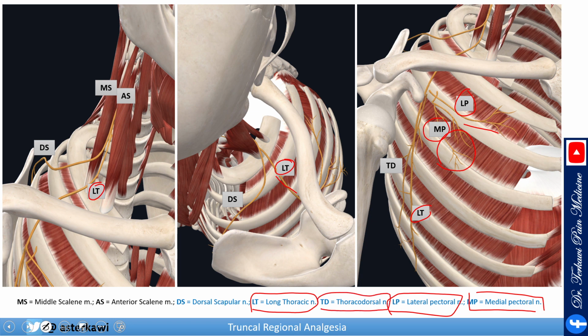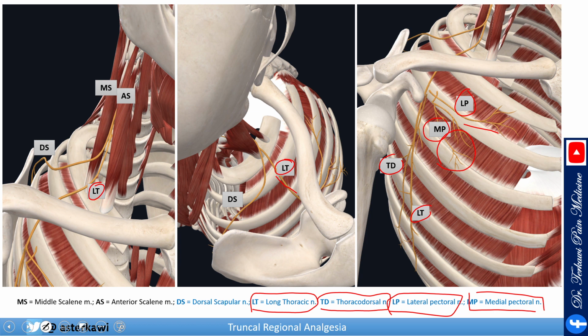And then we have the thoracodorsal nerve. The thoracodorsal nerve is a nerve that also runs in the lateral thoracic wall. It originates from the posterior cord, specifically C6, 7, and 8. It's a large nerve, and it courses in the posterior axillary wall across the lower border of the teres major to enter the deep surface of the latissimus dorsi muscle.